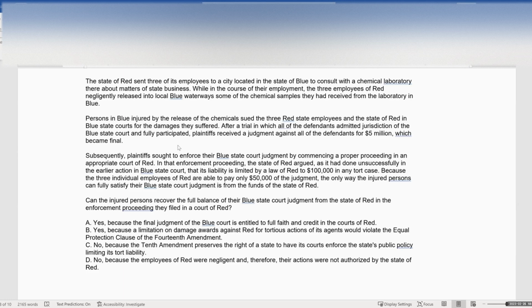Hi guys, this is a run through of an MBE question in constitutional law. For this question, the first method I will be using will be looking at the call of the question first, going through the answer choices, and then going back up to the fact pattern.